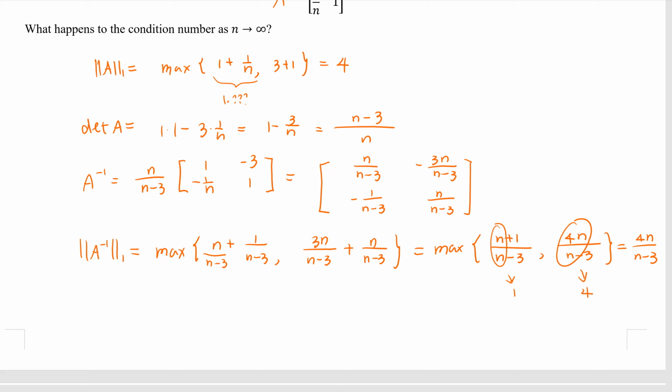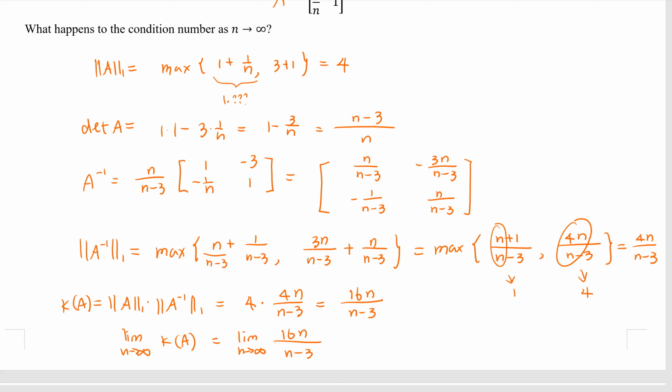Okay, so condition number equals L1 norm of A times L1 norm of the inverse of A. So that is 4 times this 4n over n minus 3. So that's 16n over n minus 3. When n goes to infinity, what happened?